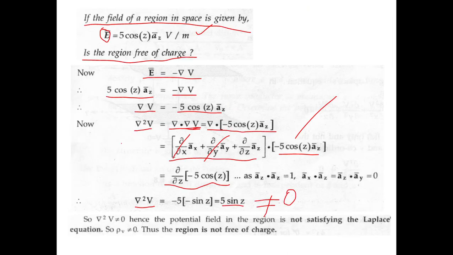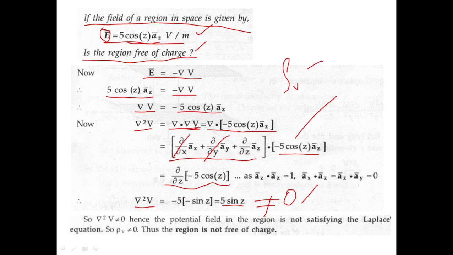So the next problem was, there was an electric field given, and you have to check whether the given field is free of charge. So you have to find del square V. If del square V is not equal to 0, that means there are some charges present. So rho V is not equal to 0.